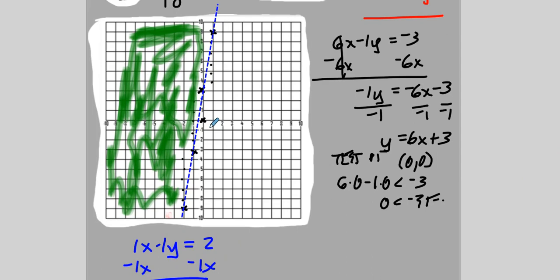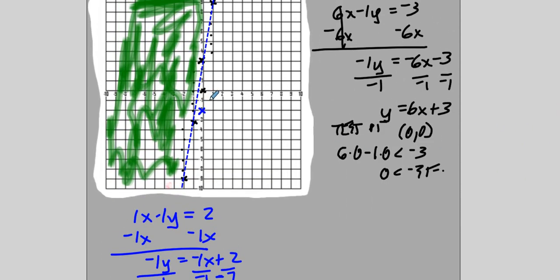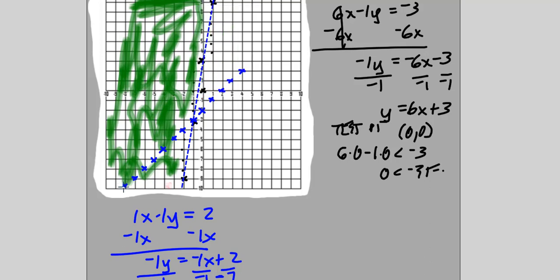So plotting that, the y-intercept is negative 2, the slope is 1. So over 1, up 1, or over 1, down 1, back 1, down 1, negative divided by negative is positive. So draw that as a dashed line also. It's a dashed line.